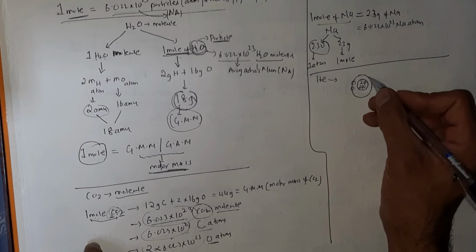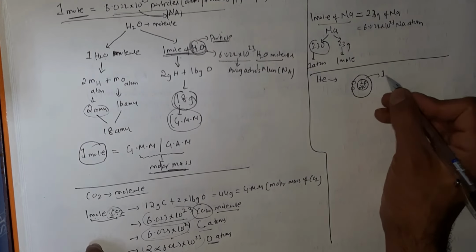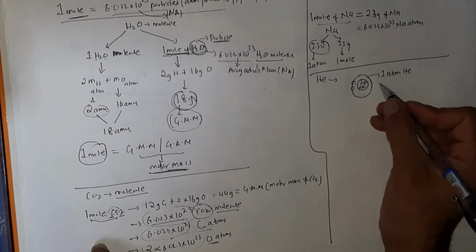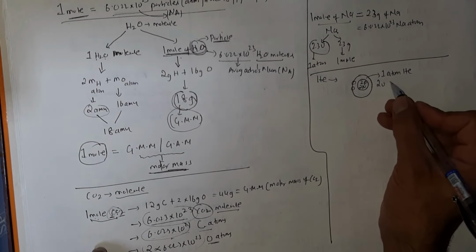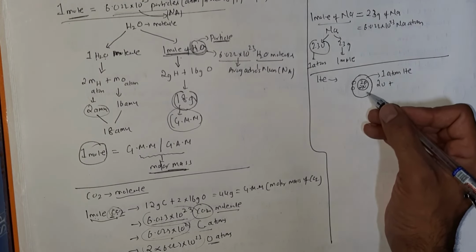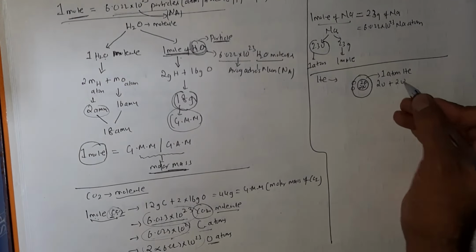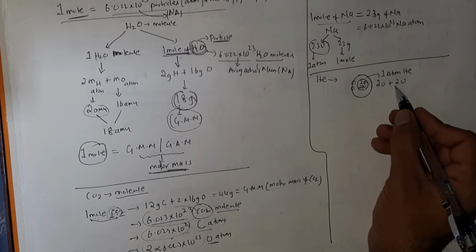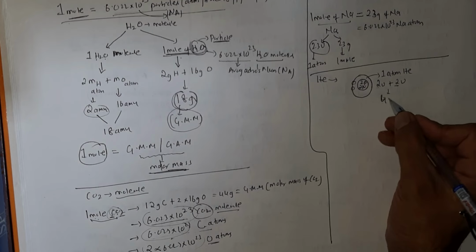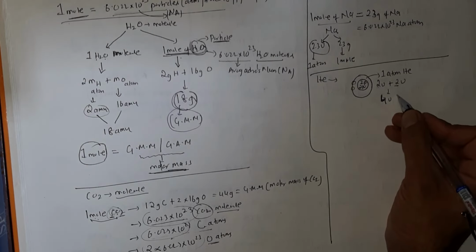If I ask you what is the mass of one atom of helium, you will say, sir, 2 protons have a mass of 2 AMU, 2 neutrons have similar mass to that of a proton, a little bit higher but similar, so we take it again as 2 U. So total its mass will be 4 U or 4 AMU.